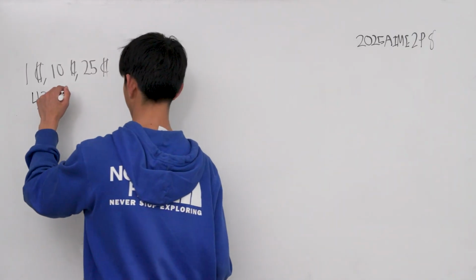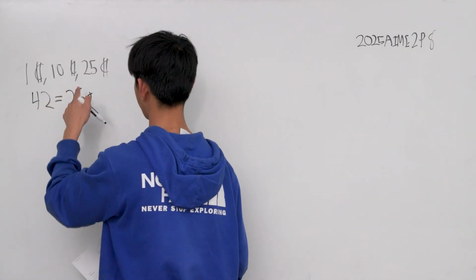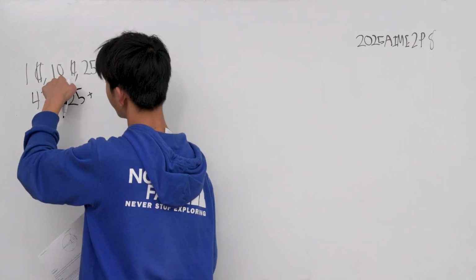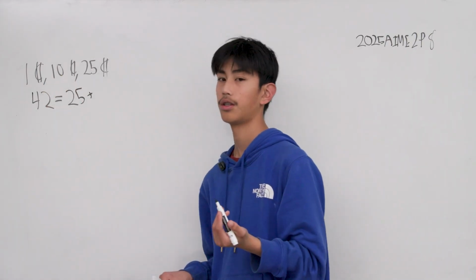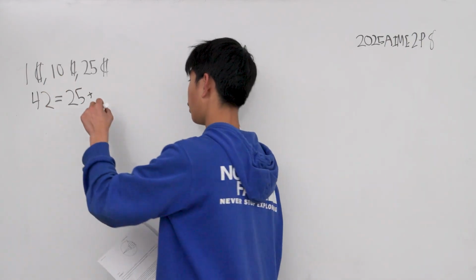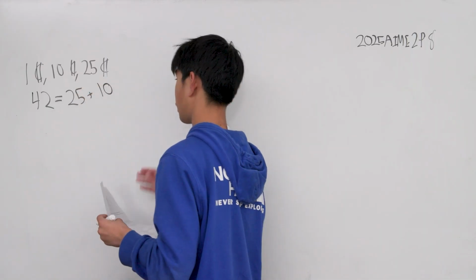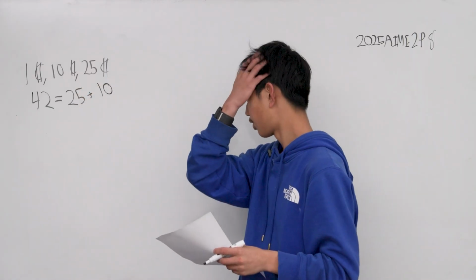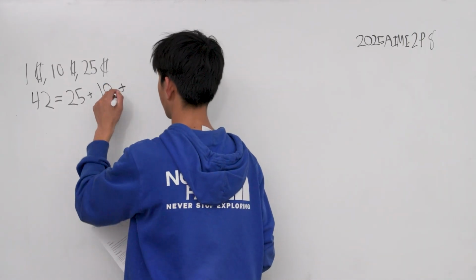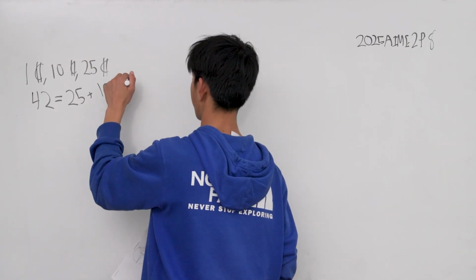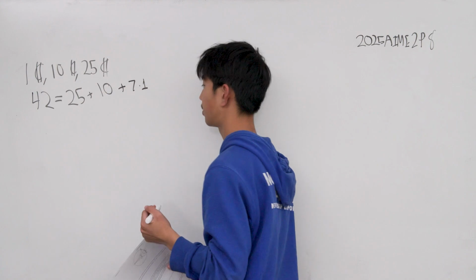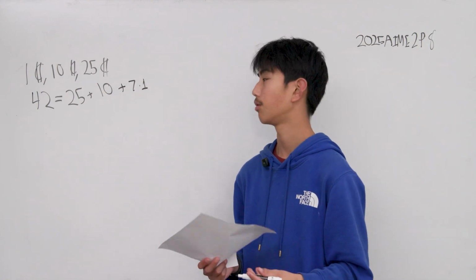So you can only have one 25, and then you move to the next lower denomination, which is 10 cents. You can, again, only have one 10-cent coin without going over 42. And then you have to have 7 1-cent coins, which is not optimal because you can have 4 10s and 2 1s.